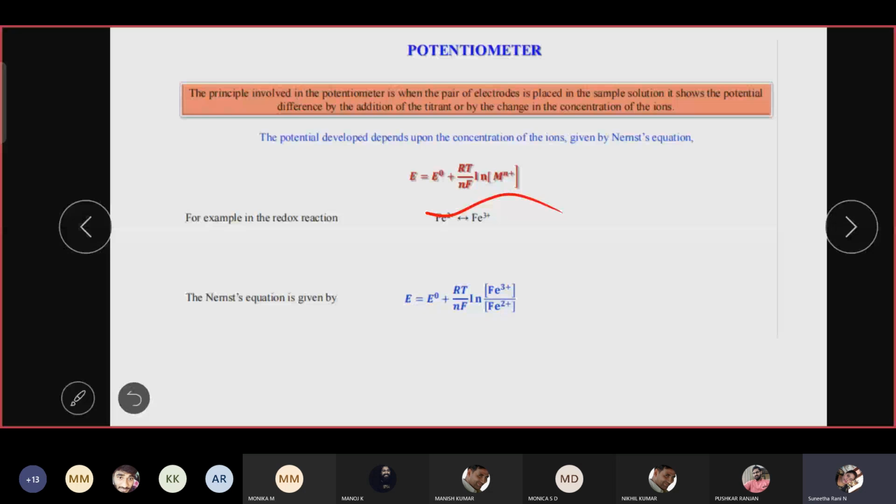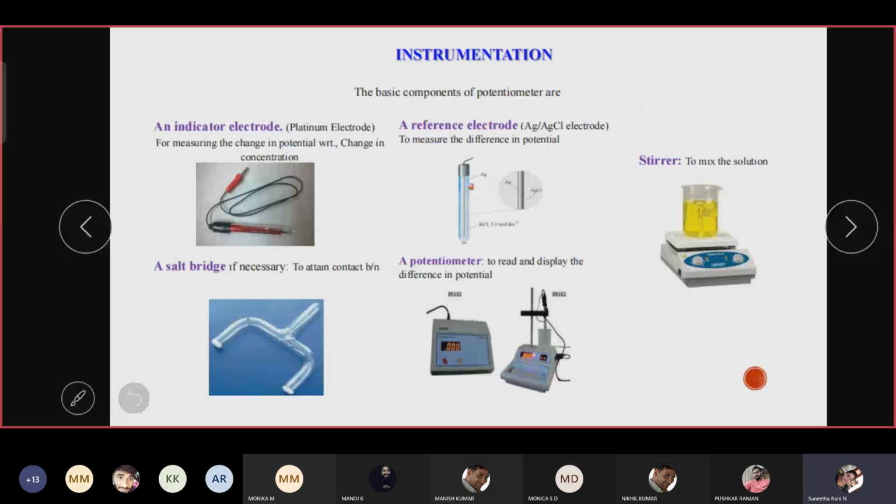The basic principle behind the potentiometer is the Nernst equation, to find out the potential developed in the electrode. You need a salt bridge for the movement of electrons. You need a reference electrode, usually silver chloride electrode or any electrode, and you need an indicator electrode, platinum electrode, to measure the potential developed in the solution.